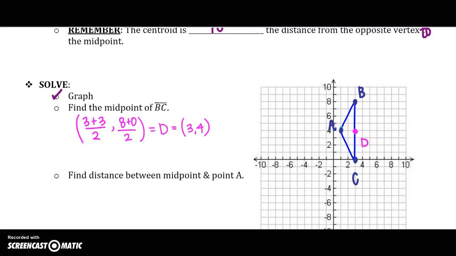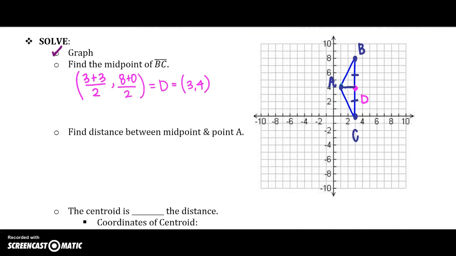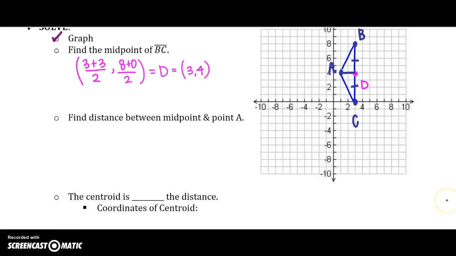If you draw a straight line connecting A to my midpoint, that creates a median. We need to find the distance of the median, because if we find the distance, we can take 2/3 of that. Since it's a horizontal line, which we really like because we can just count that distance, we can see that AD equals 2 units.